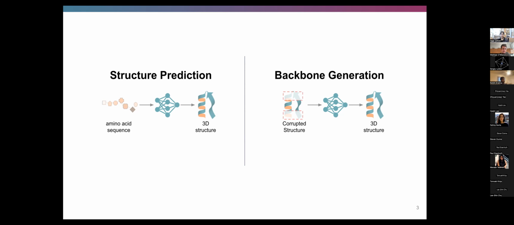And then backbone generation, in protein design, you often start with a corrupted structure. So either a fully corrupted structure, we have no idea what is in it, or a partially corrupted structure where some motif information or some privileged information about what type of structure you want. And your task then is to recreate a 3D structure.